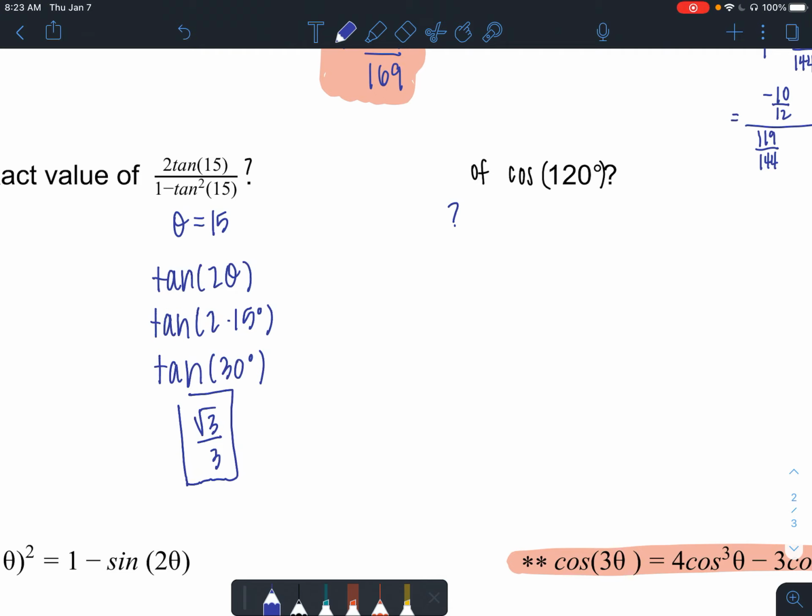Okay, so if I were to write this out, I know that cosine of 120 is 60 plus 60. So I'm using those first quadrant angles. So then this is cosine of 2 times 60.